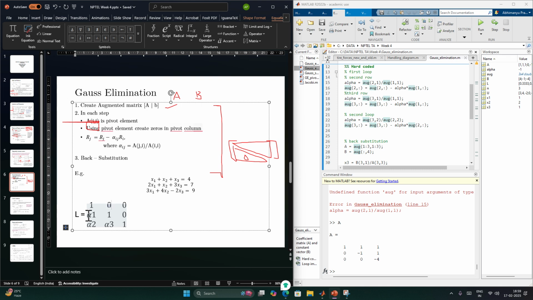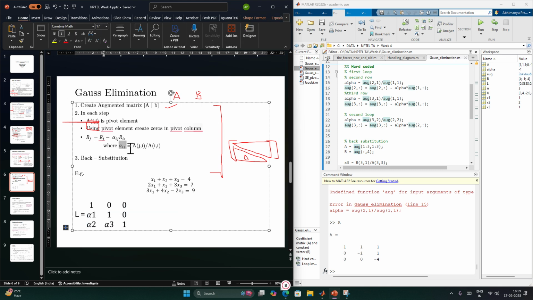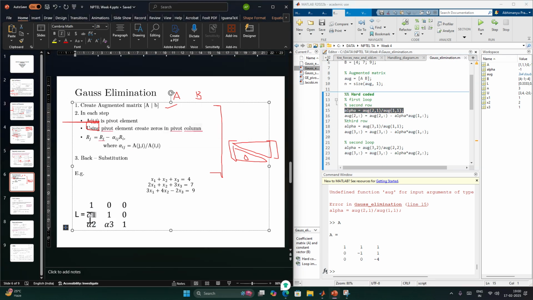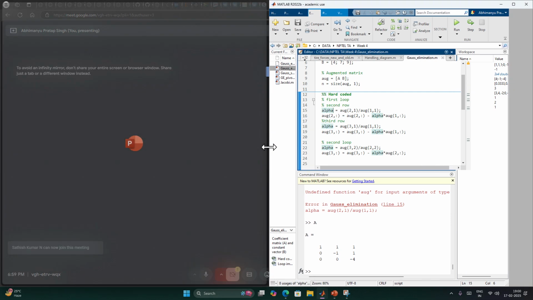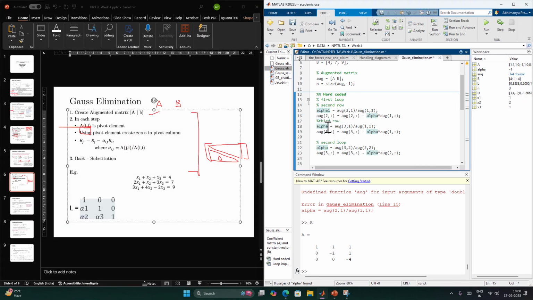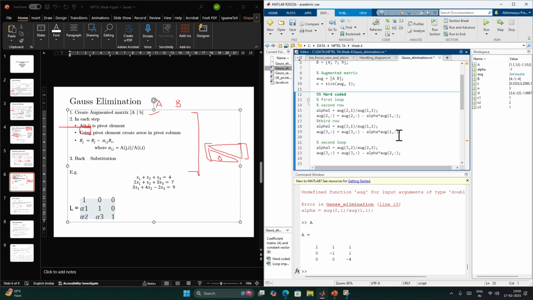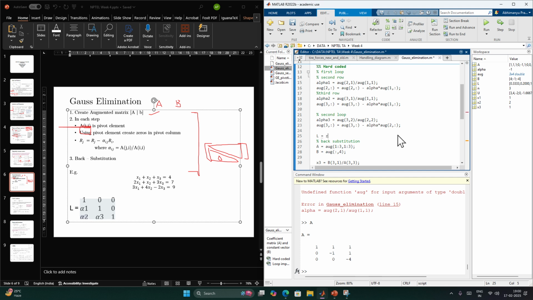So now this alpha one is basically this alpha, right? Whatever alpha we are using over here is the same as alpha one, alpha two, and alpha three. So if I name this as alpha one, alpha two, and this would be my alpha three, and I initialize my diagonal matrix.